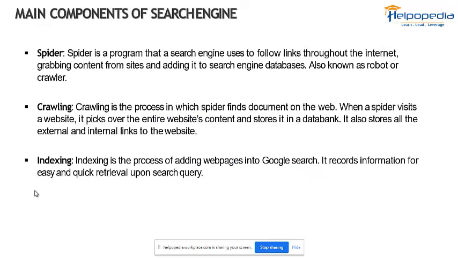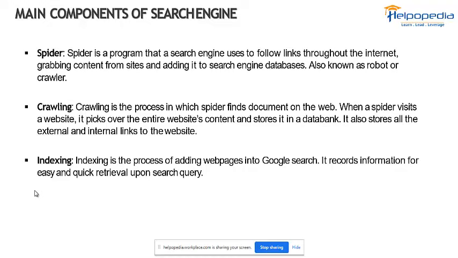So the first component of search engine is Spider. Spider is a small program that a search engine uses to follow links throughout the internet, grabbing content from the sites and adding it to the search engine database. These spiders are also known as robots or crawlers.